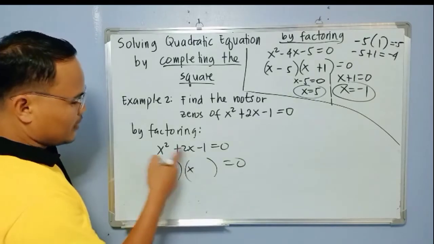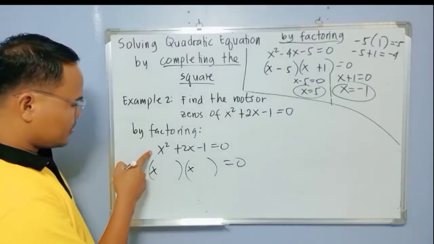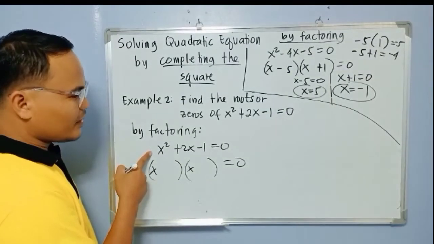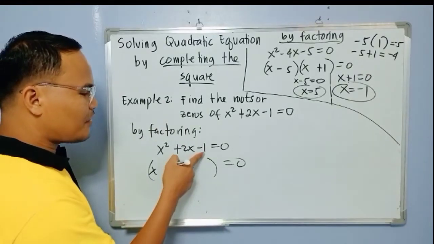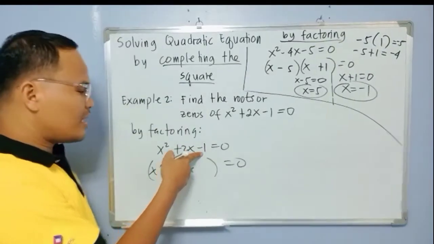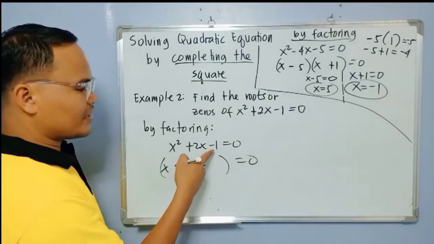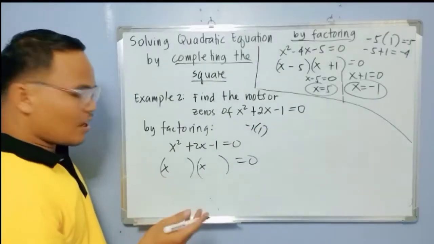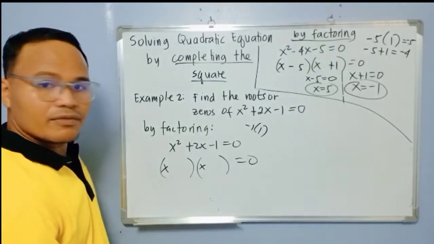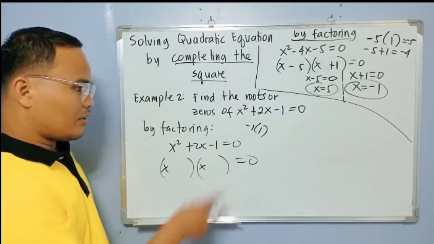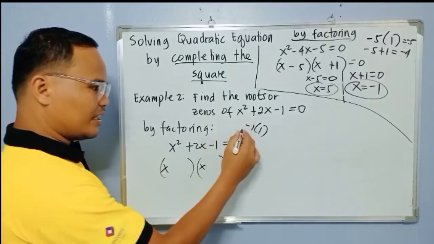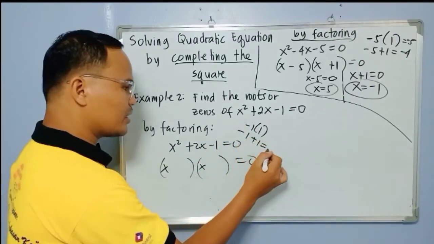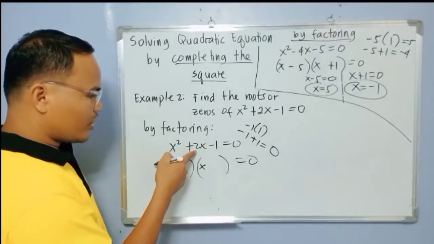And then, since a is equal to 1, let us apply the idea of finding the factors of negative 1 such that the sum is 2. We all know that the factors of negative 1 are negative 1 times 1. No other factors. Now, if we get the sum of negative 1 and 1, what is the result? It's 0. Our coefficient here is 2.